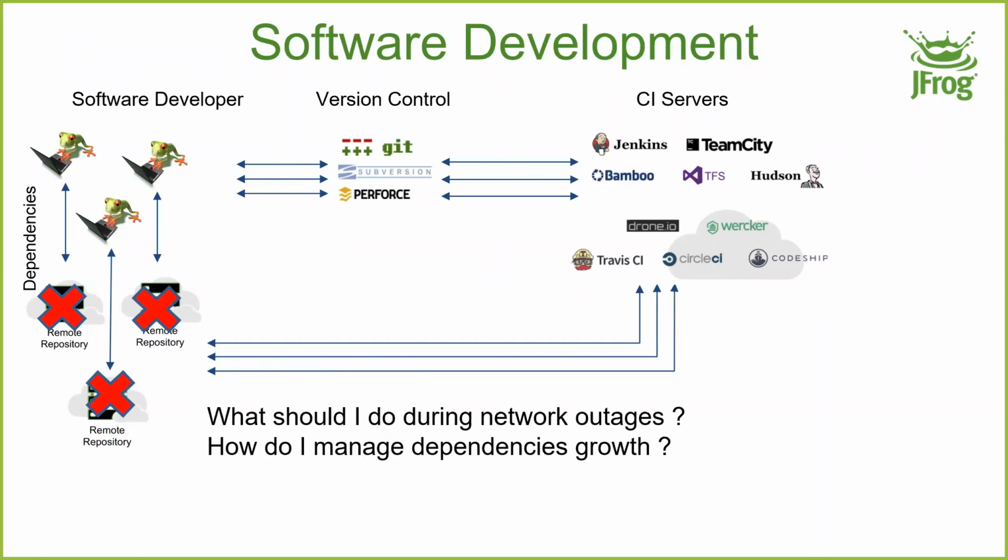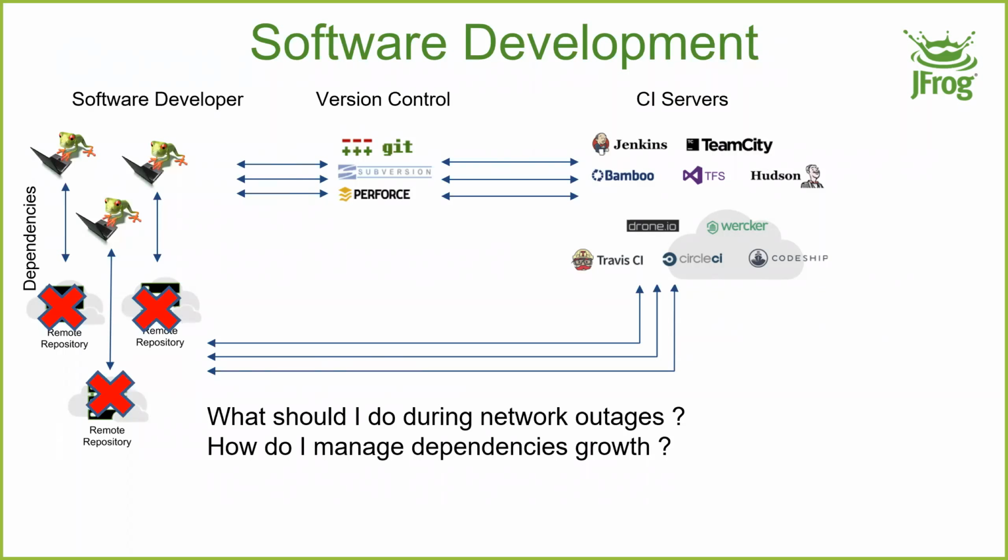And so what would you do when, for instance, you have a new dependency which was necessary for a new feature during the dev phase? You have this outage, and then your CI server won't be able to fetch the new dependency. I know that you will have local caches on the software developers' workstations and on your CI server, but for a new dependency, you won't be able to reach it.